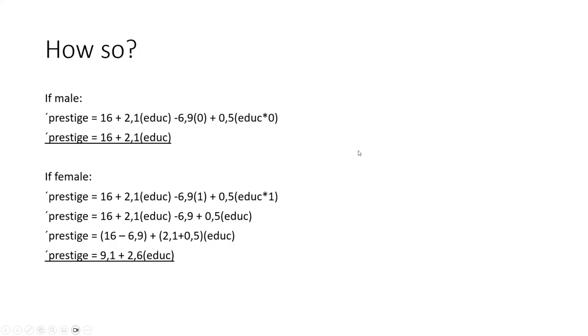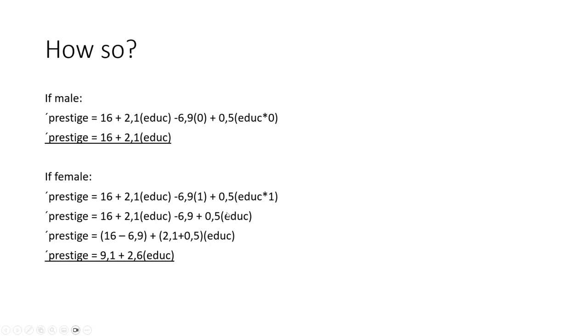How so? Well, if I'm male, I can plug in 0 for female, and this will become the equation: 16 plus 2.1 education. The intercept for male is the prestige when you have no education, and for every year increase in education, prestige goes up 2.1 points. If I'm female, we need to plug in 1 where there is female in the equation.